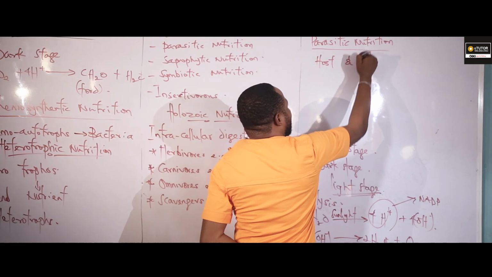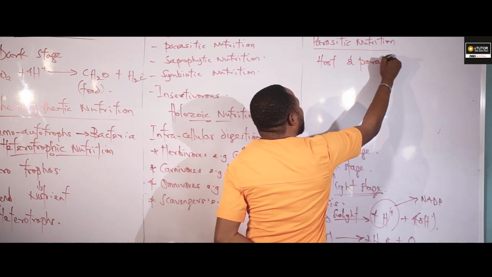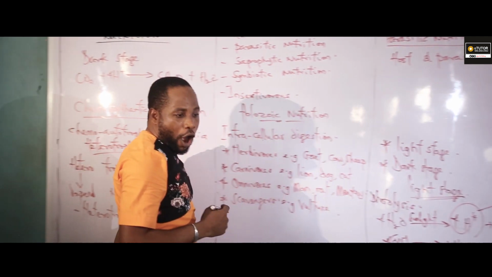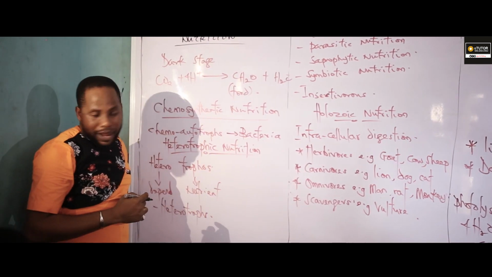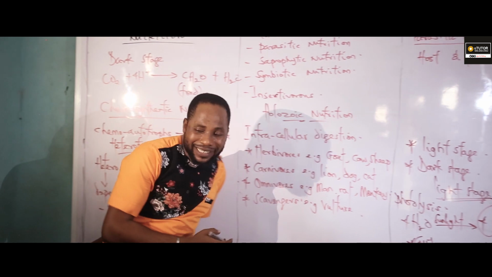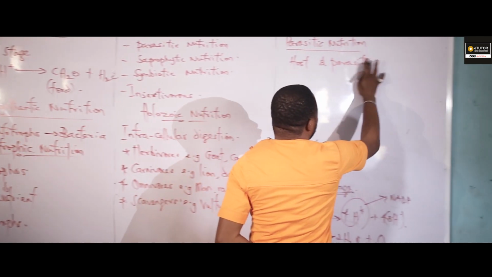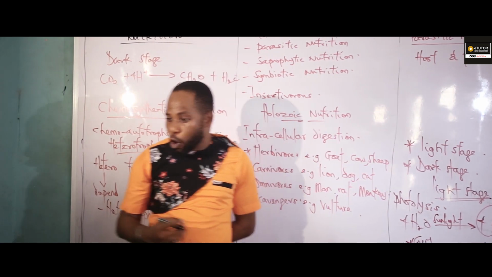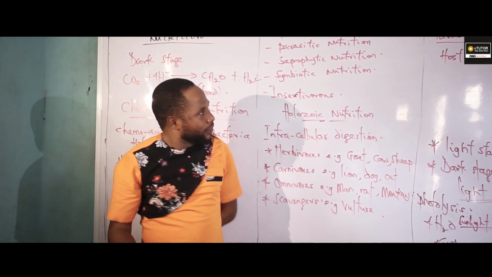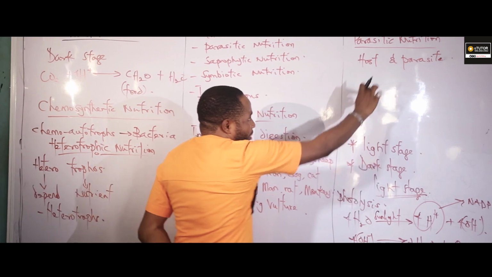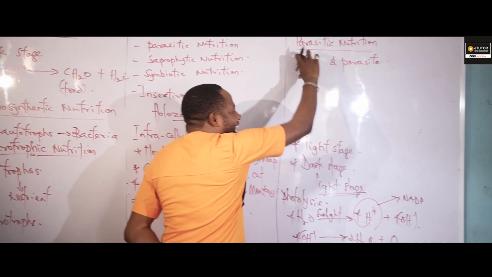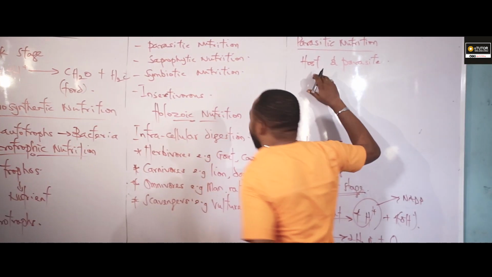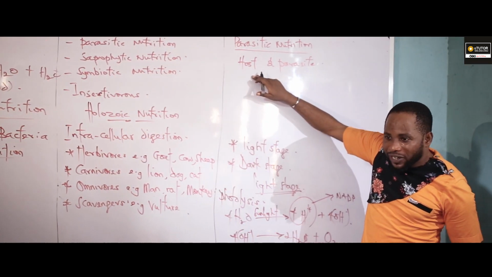So it is a type of nutrition in which the parasite feeds on the host, after which the parasite gains and the host loses. Are you getting me now? The parasite feeds and derives nutrients from the host. After which the parasite will gain and the host will lose. Do you understand that?